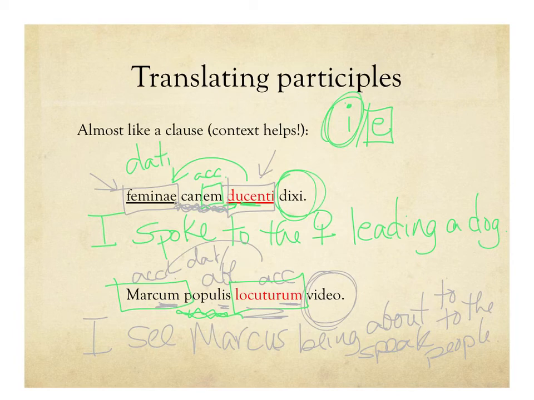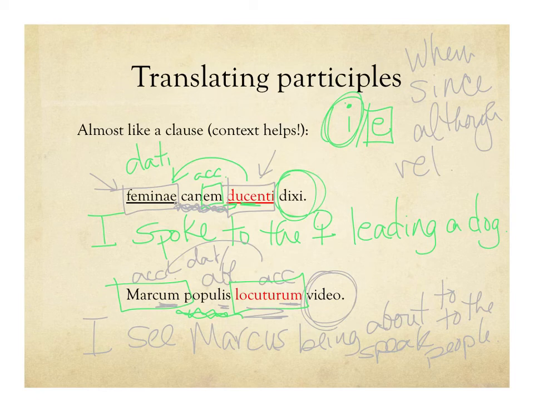I see Marcus when he is about to speak to the people. I see Marcus who is about to speak to the people. Something like that. So you can see we can always use the participles very literally, and that will absolutely work. But you can also play around with them a little bit, using words like when, since, although, or treating them really like a relative clause.